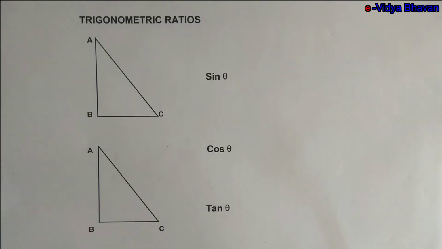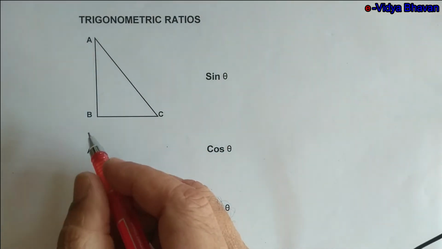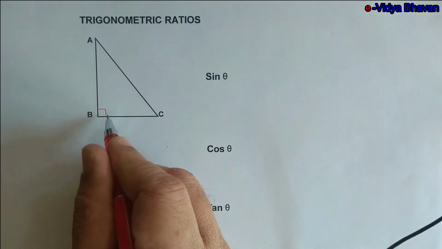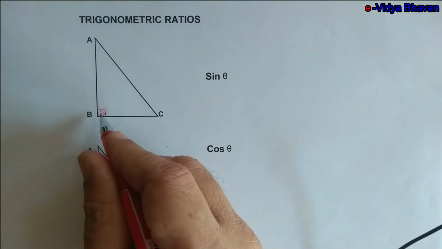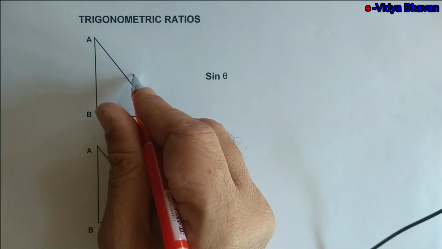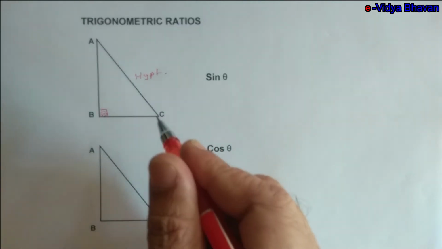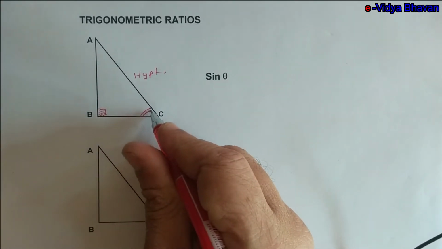So, let's get started. In trigonometry, there are 6 trigonometric ratios. To start with, let us see the first right angle triangle ABC. Suppose this is your right angle, the side opposite to this right angle is always called hypotenuse. Now consider this angle as theta.